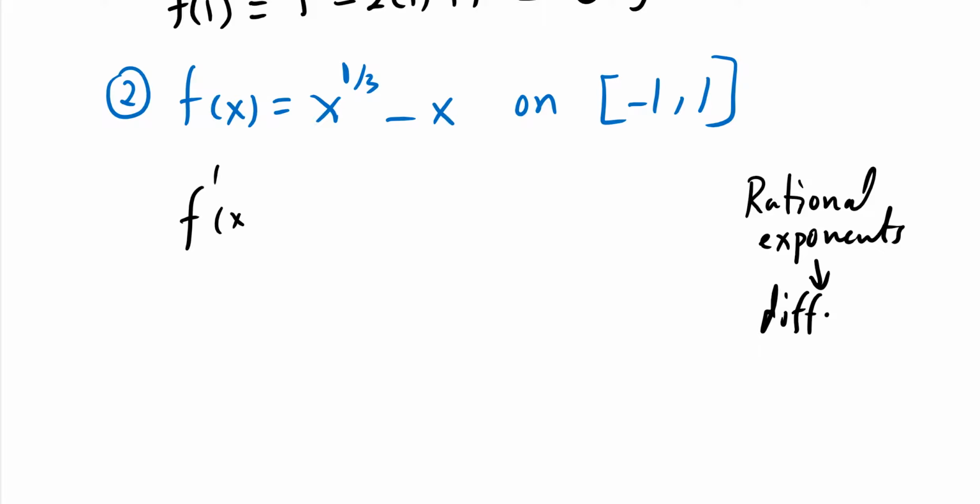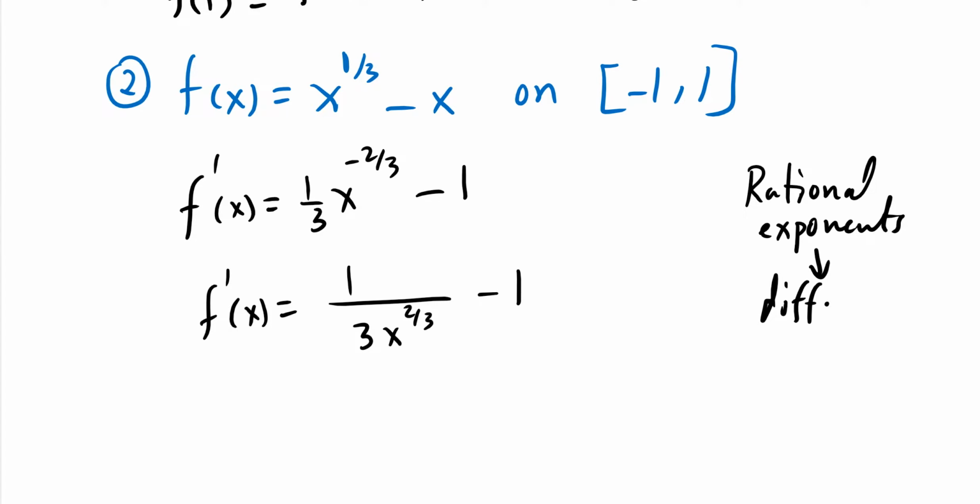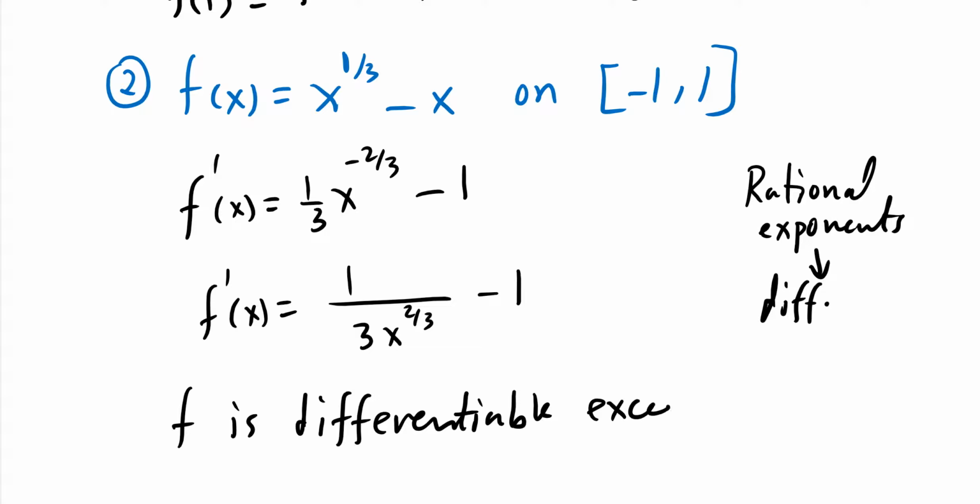We find the derivative of this by bringing the 1/3 down, subtract 1, minus 1. Then we don't like to see negative exponents, so we bring that down to make it positive. So what does that mean? This tells us that f is differentiable except at x equals 0. What makes this denominator 0 is x equals 0.